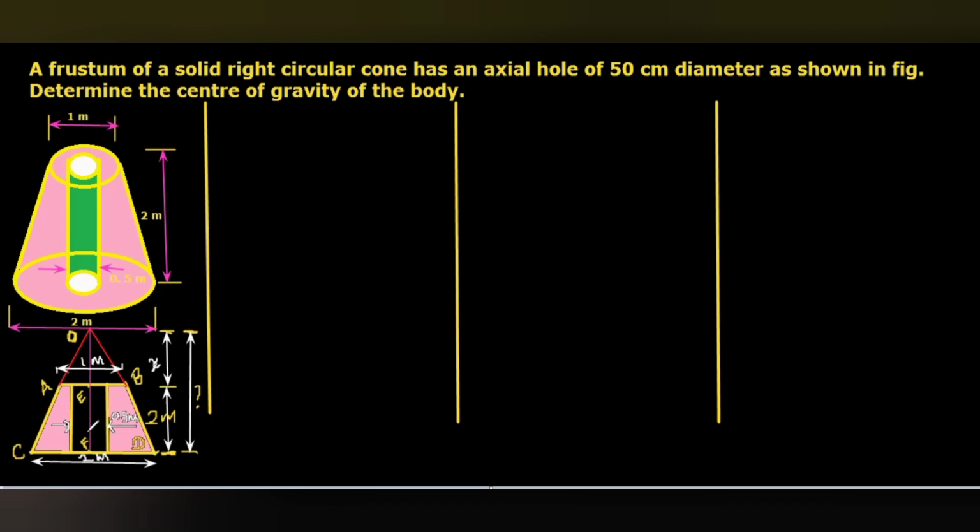This EF is given as 2 meter, the vertical height of the frustum of the cone. We need the whole cone height, that is OF. For that, we need to calculate OE. First we are going to find it by using the principle of similar triangles. The projection of the cone or the frustum in 2D is similar to triangles.